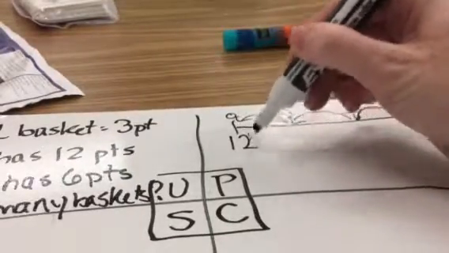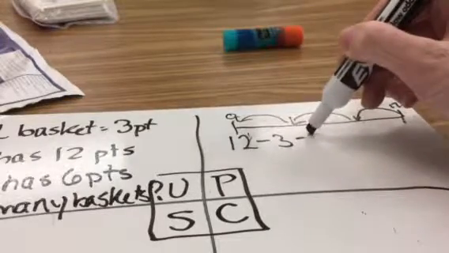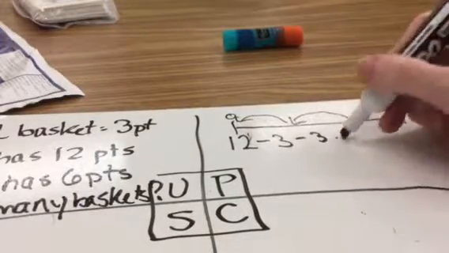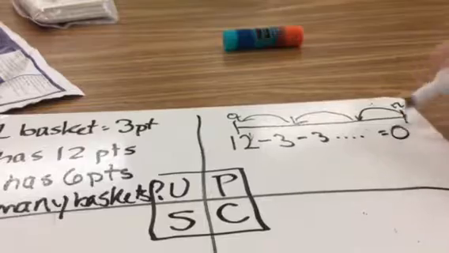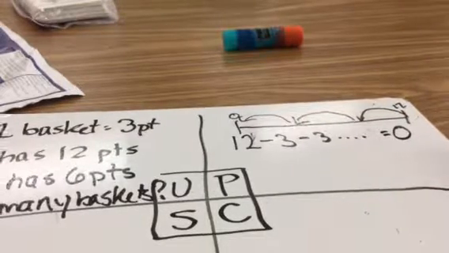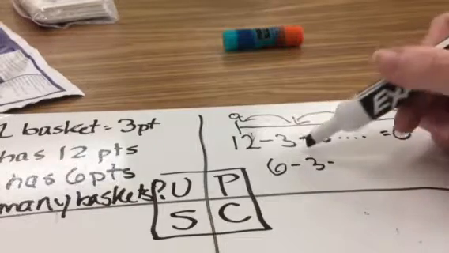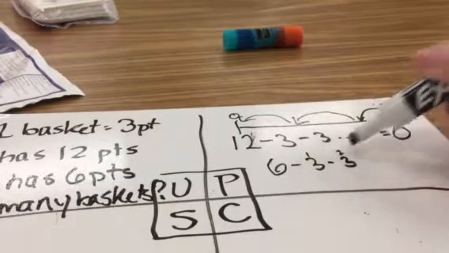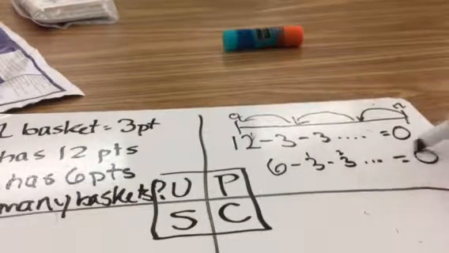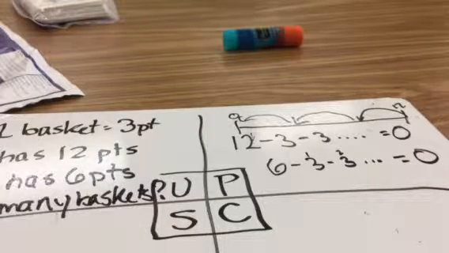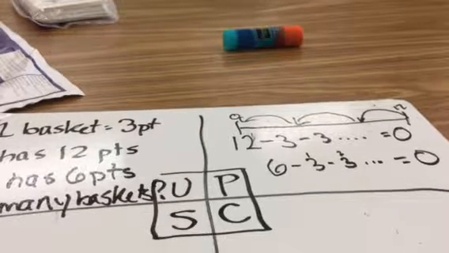So it's really 12 minus 3 minus 3 until you get to 0. Same thing with his brother. His brother is 6. We're going to take away, that's 1 basket, that's 2 baskets, until we get to 0. Okay, because we're trying to figure out how many 3 points did they make.